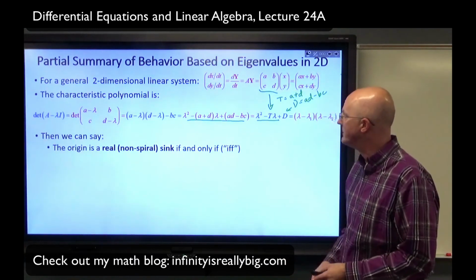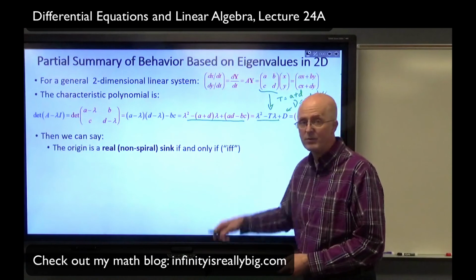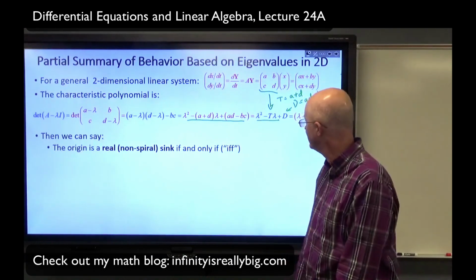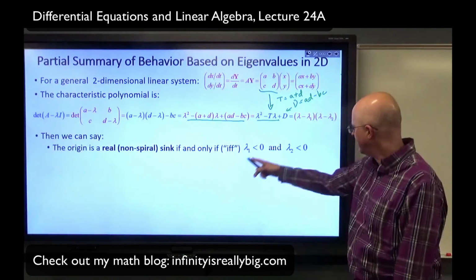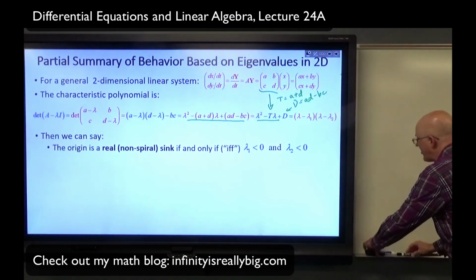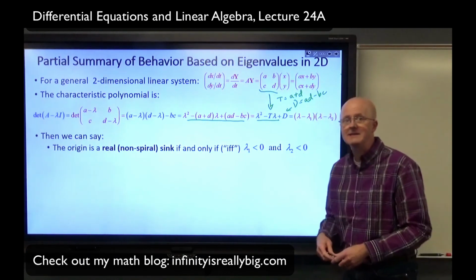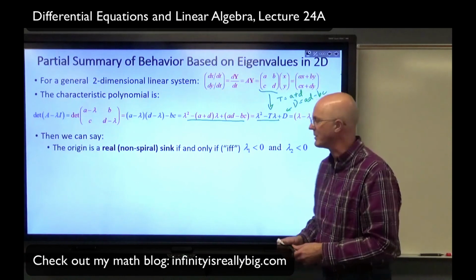The origin will be a real non-spiral sink if and only if, which I will abbreviate from now on as IFF, both eigenvalues are negative. And the implicit assumption here is that they are real as well. We only use inequalities like less than or greater than when we're dealing with real numbers.